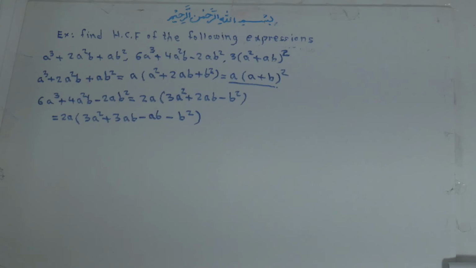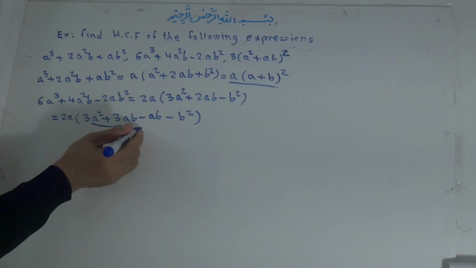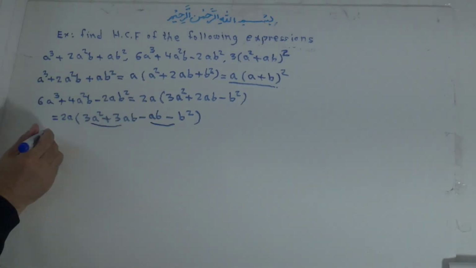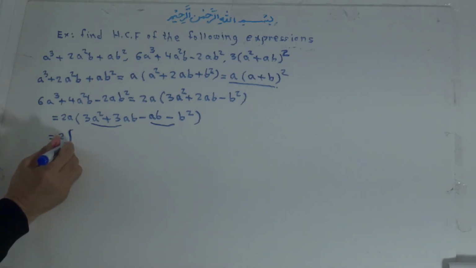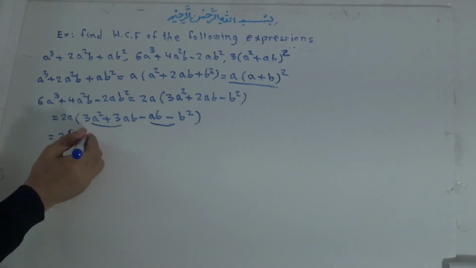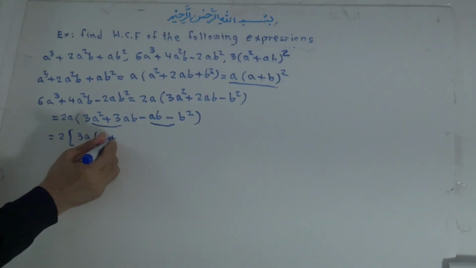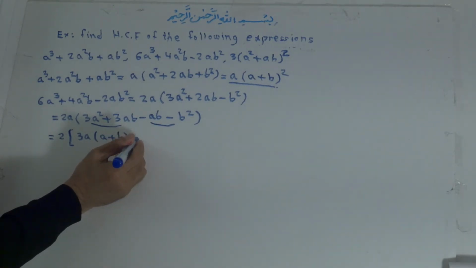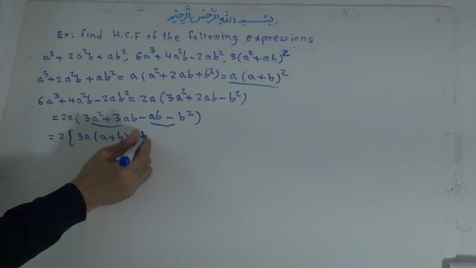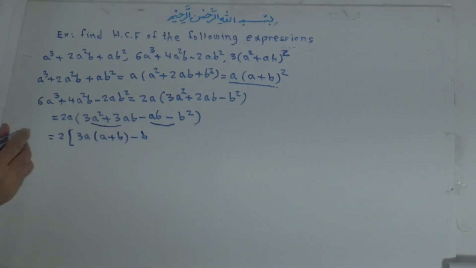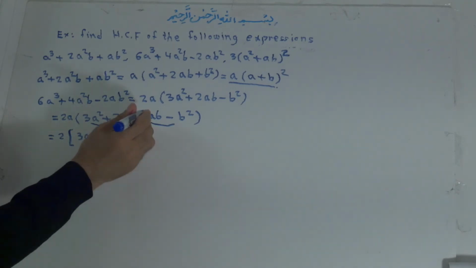Now if we take common 2 by 2 of them, like these 2 and these 2, that is equal to 2a, which is common between these two, 3a, now remaining a plus b, and here the common is the negative sign, negative b. So what is remaining here?